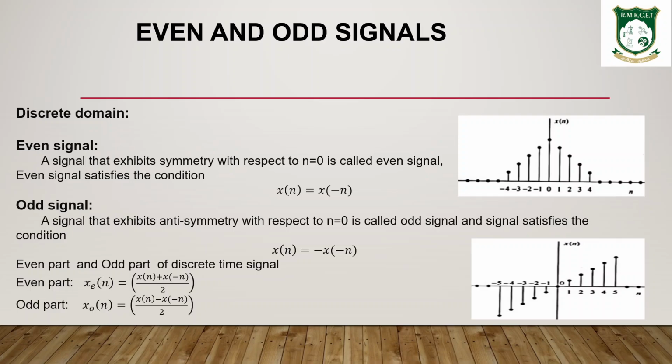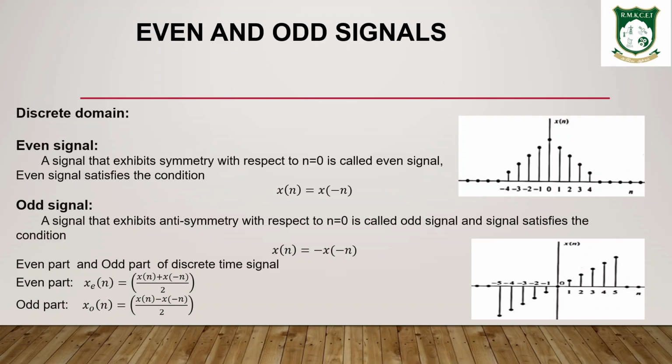If the signal is neither even nor odd, then it consists of both xe of n and xo of n, and x of n can be represented as x of n is equal to xe of n plus xo of n. So this is about even and odd signals.